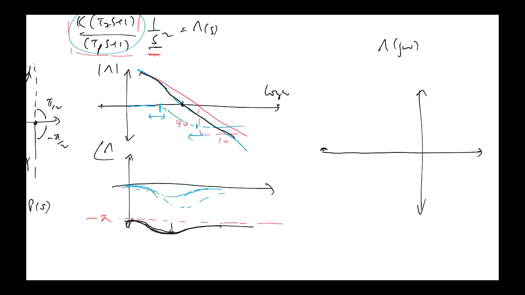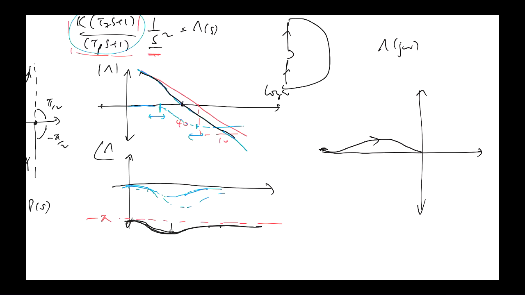So we're going to go this way towards the origin, right? And it's going to come in and approach the origin with a phase still of minus pi, but it's going to go up. That corresponds to going up the positive imaginary axis, which is part of the Nyquist D contour.